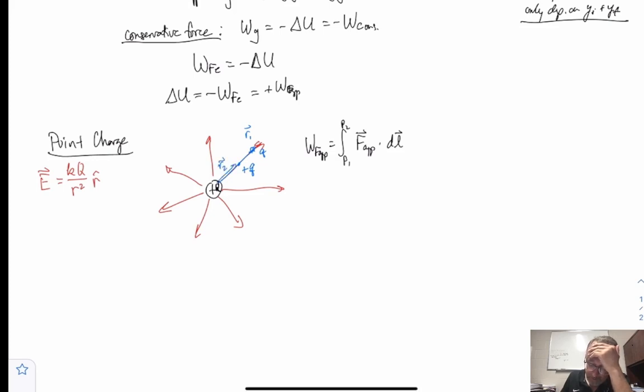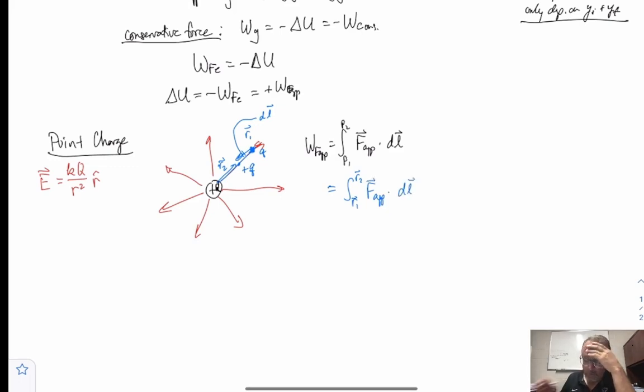So the direction of motion of the charge is from R1 to R2. There's going to be a little differential path length as we go from R1 to R2, and I can even call that a vector. Applied force dotted into dL.